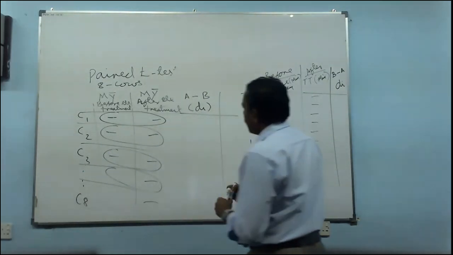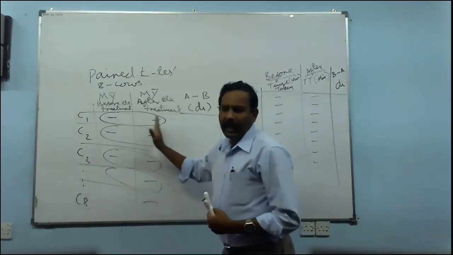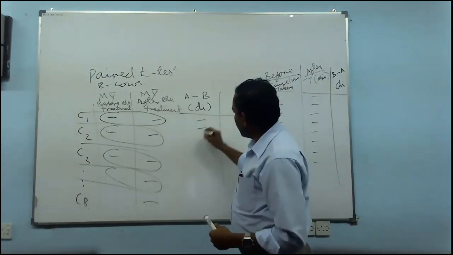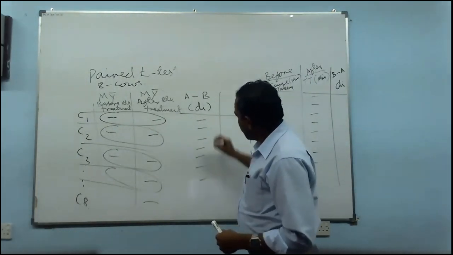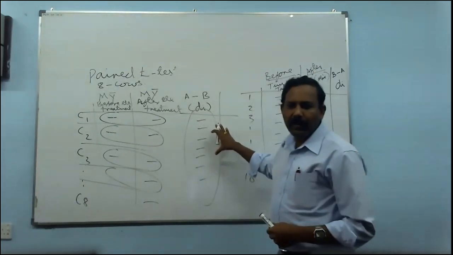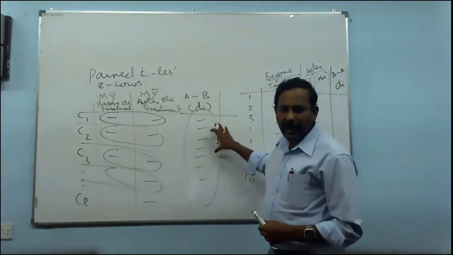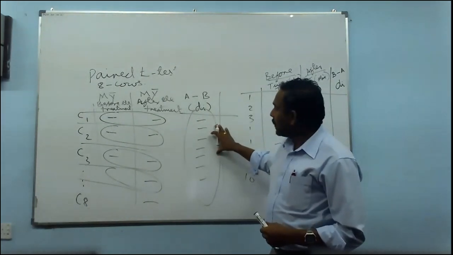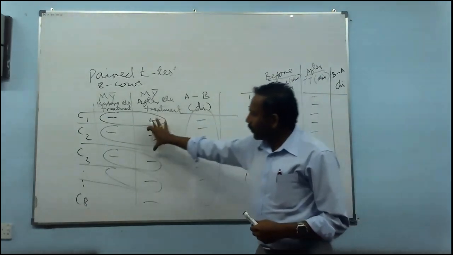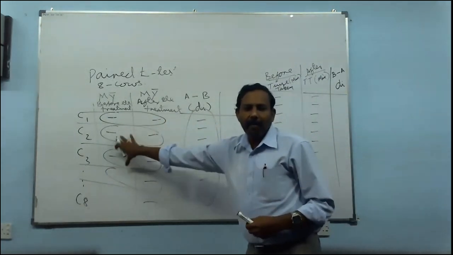Right. Now, earlier we had two dependent populations. Now we have taken the differences. This is the population that we are going to analyze with the t-test. This population is totally independent. We are not going to do anything with the other population.